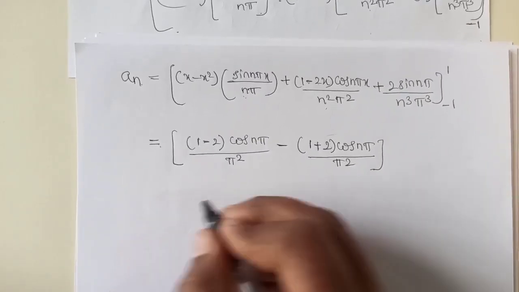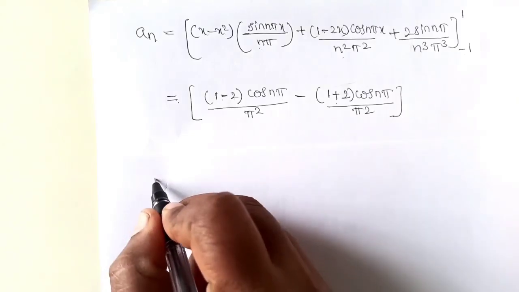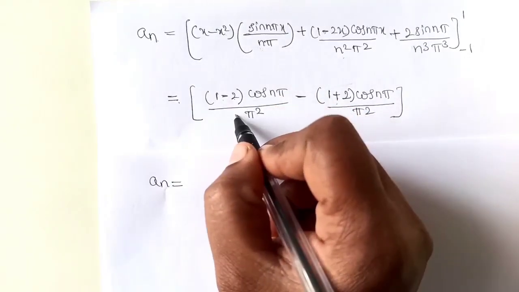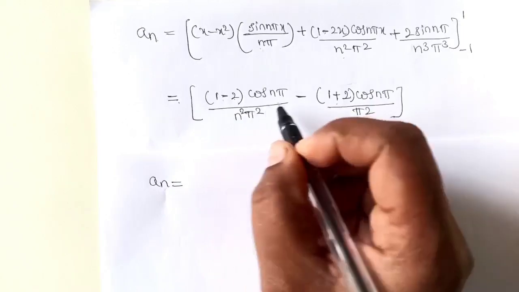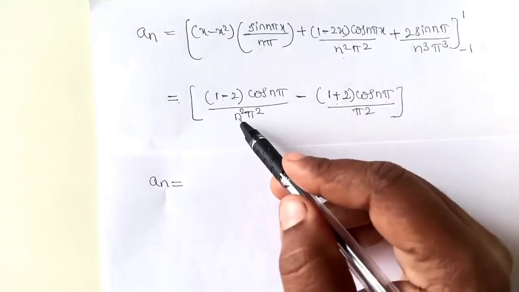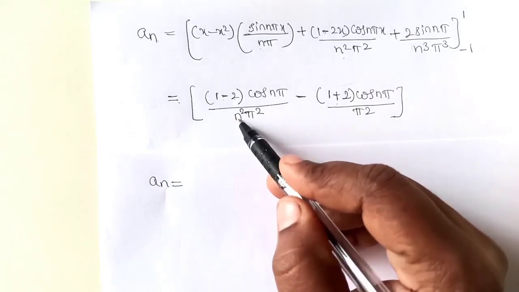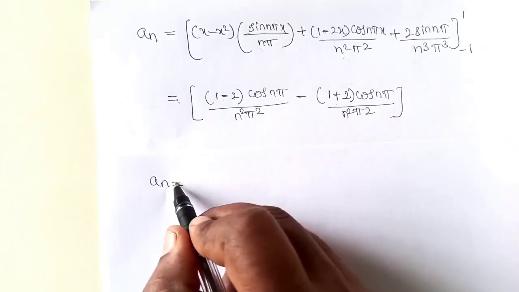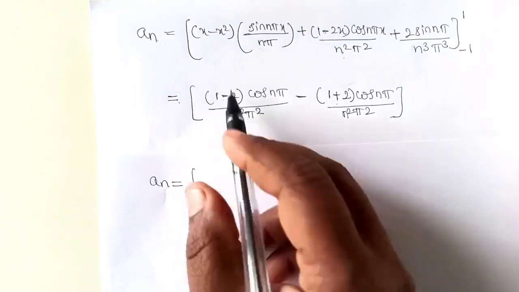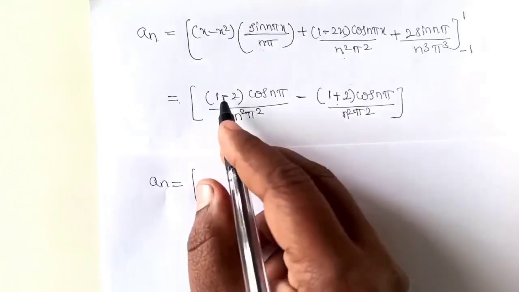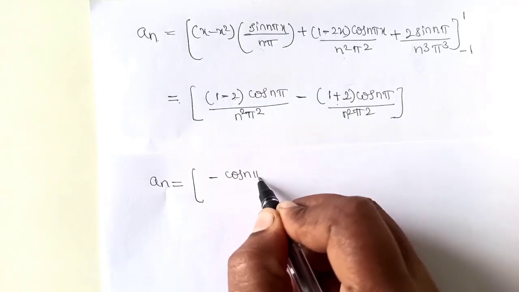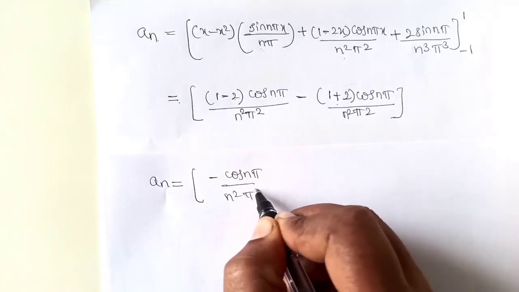Further simplifying, here we are adding x values not n values, therefore it is n square as it is. So here also n square as it is. 1 minus 2 is equal to minus cos n pi divided by n square pi square.